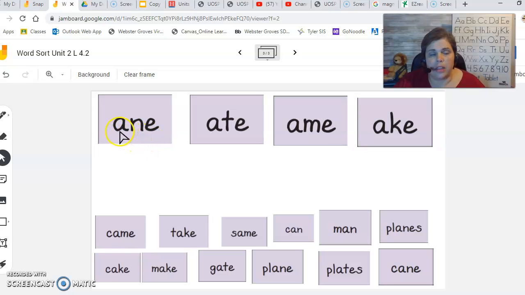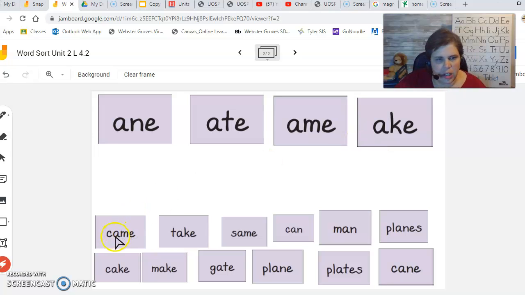They all have a long A at the very beginning, and they each have a silent E. The only difference in these words is the middle part; the consonant is different in each word part. We're going to take the words at the bottom and sort them into these four categories. I'm going to warn you, there are a couple that we call troublemakers or tricksters or outliers. They don't belong, so we'll find those as we go along too.